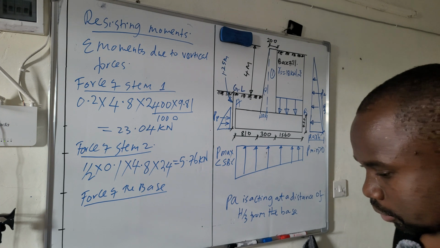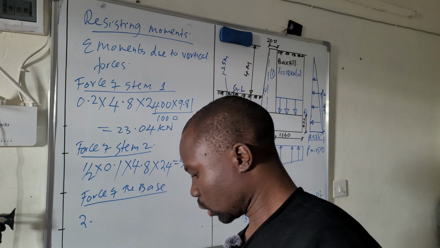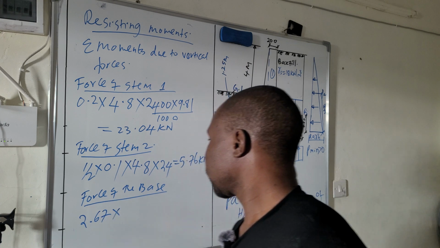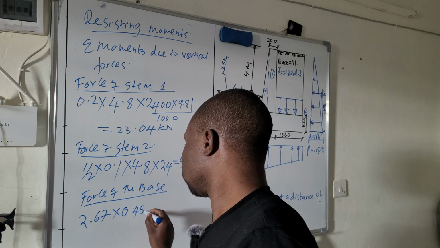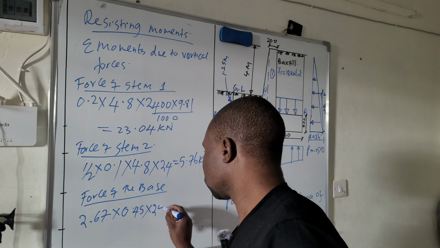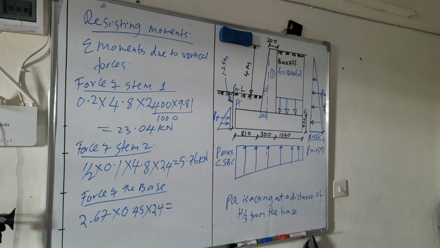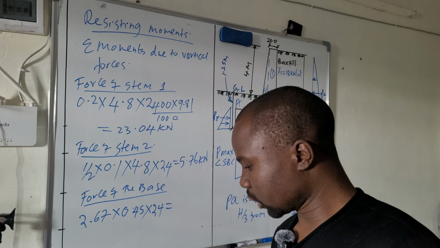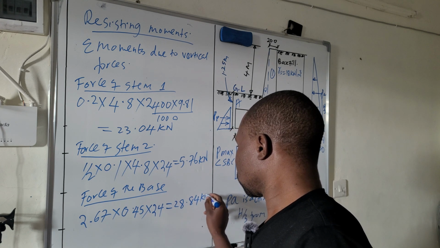So you will get 2.67 times the thickness is 450, which is 0.45, and then times the density or the unit weight of concrete, which we have converted, and it is 24 kilonewton per meter cubic, which is equal to, the answer is 28.84 kilonewton.